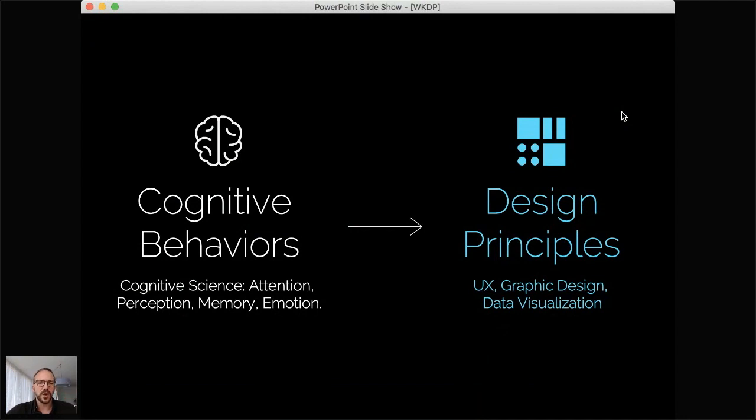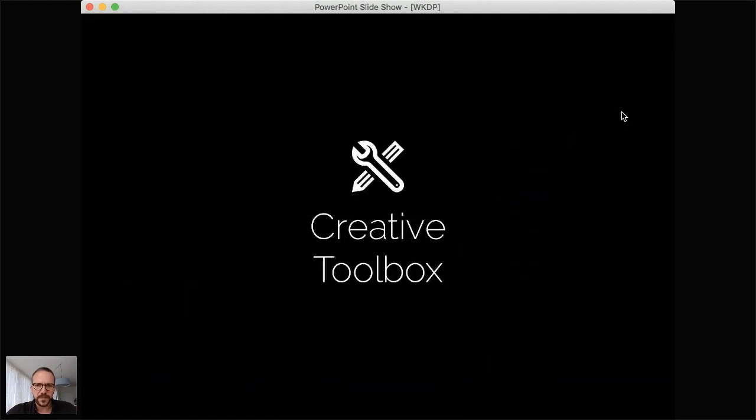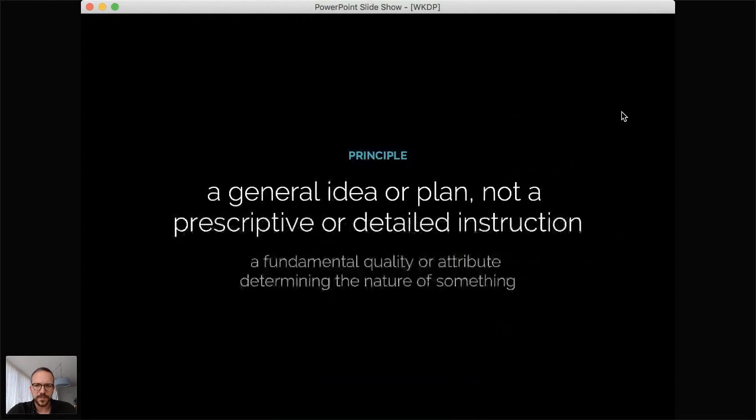In many ways, the goal of this series is for us to translate cognitive behaviors into holistic design principles that we can apply to UX, user experience, to graphic design, data visualization, and many other domains. In many ways, I want this to be a creative toolbox for all of you to use in your practice, and something that you can come back to whenever you need to.